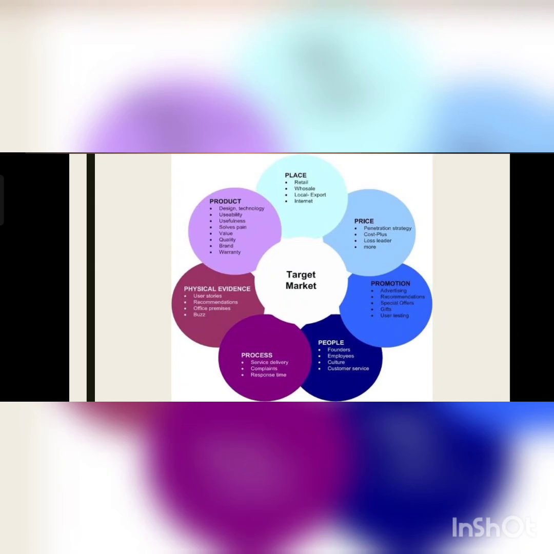So, the place, whether your business is retail, whether it's a wholesale business, whether it's any import or export business, so this is the first dimension of your business. Then you have the product, what kind of product you're offering, how beneficial is that product, what makes that product differ from that of its competitors.